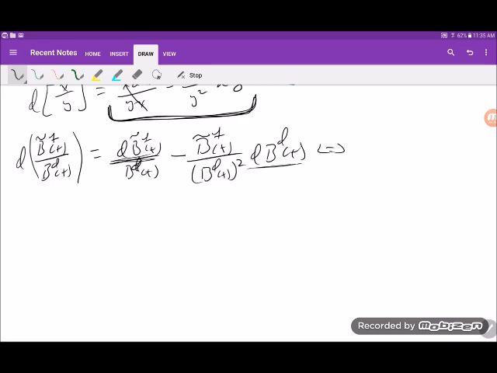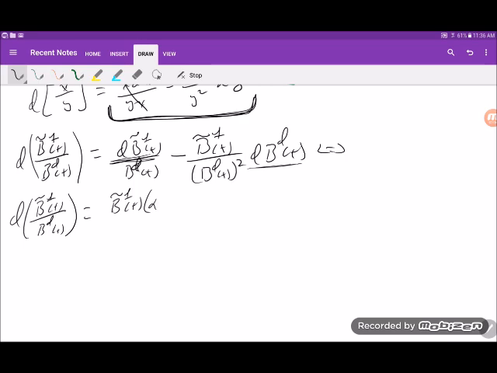So this is going to be equal to, let's write this out. So we'll have B tilde. So remember, what is dB tilde F?